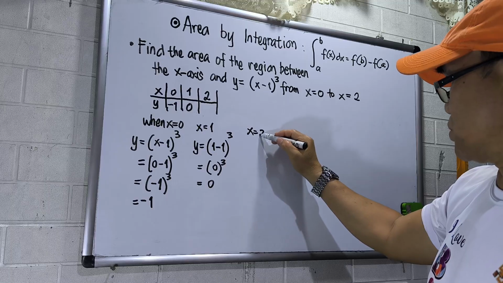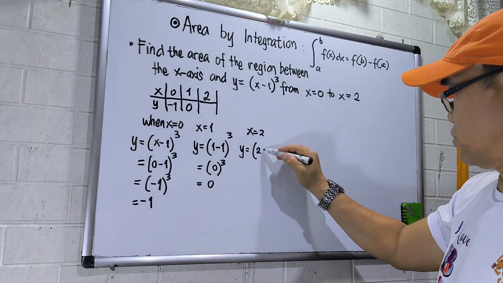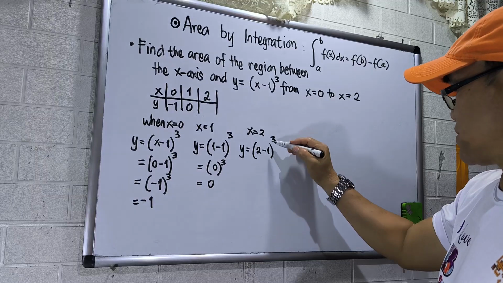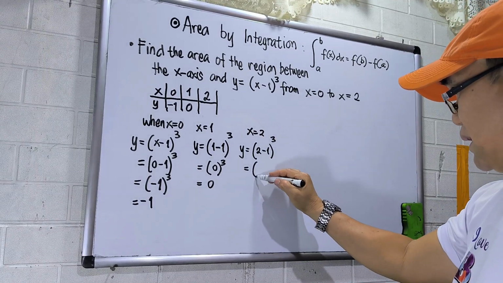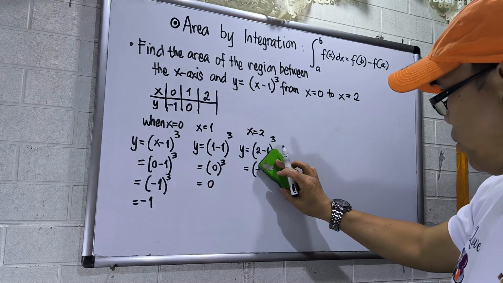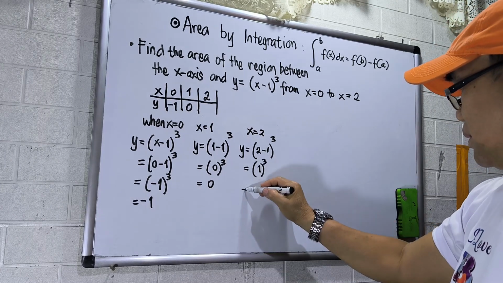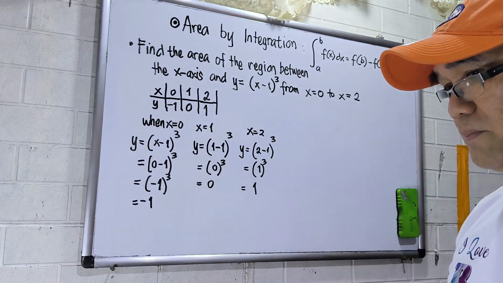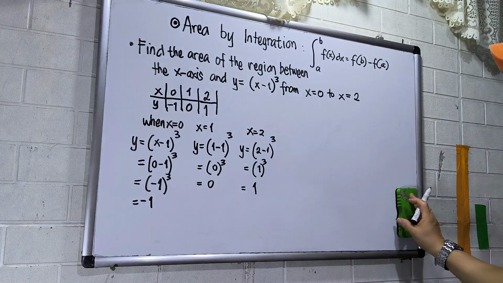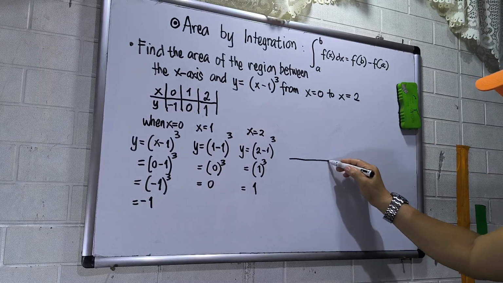So when x equals 2, y equals (2 minus 1) raised to the third power. So this should be positive 1, right? Positive 1 to the third power is still 1. Okay? So we can now make our graph using Cartesian coordinates.